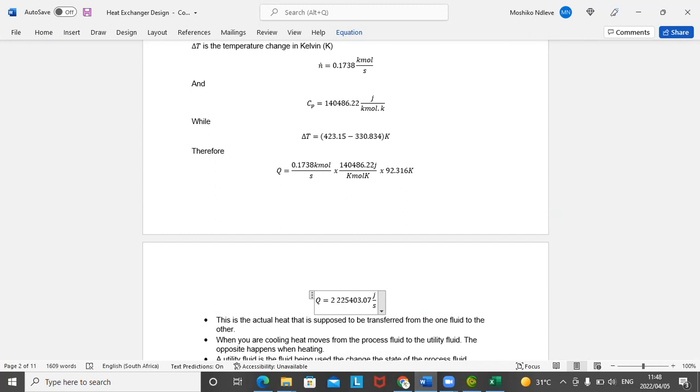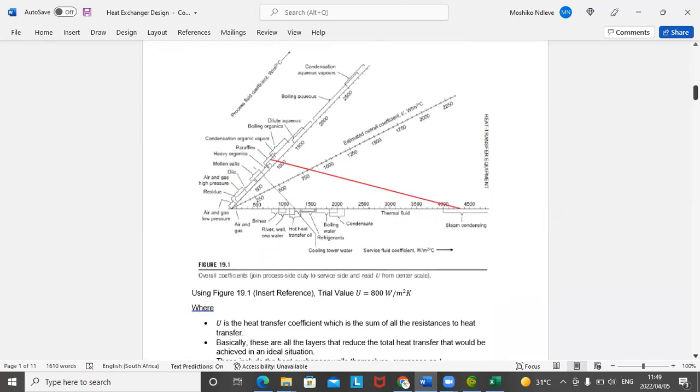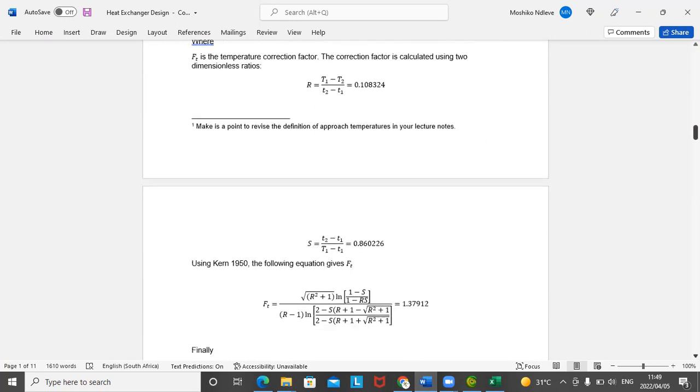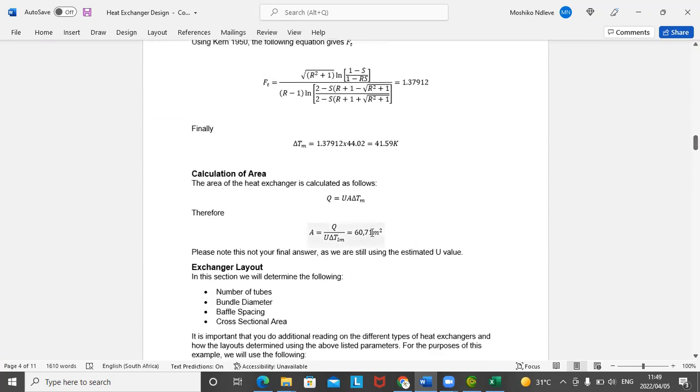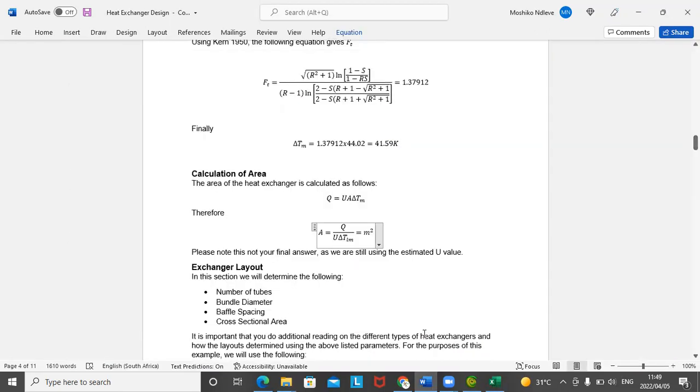So this was supposed to be 2.2 million. You must always be careful in terms of how you present your numbers, because that can create an error going forward. So if we go down, our calculations so far have led us to an estimated initial area of 46.29431.